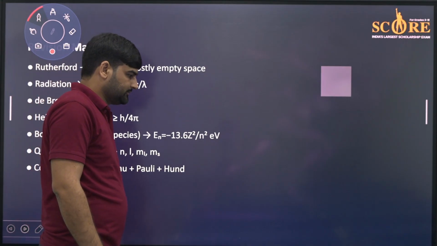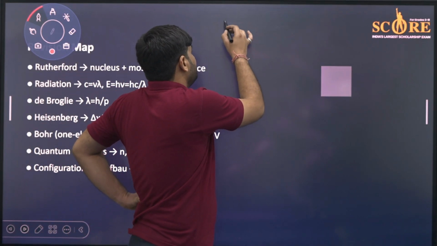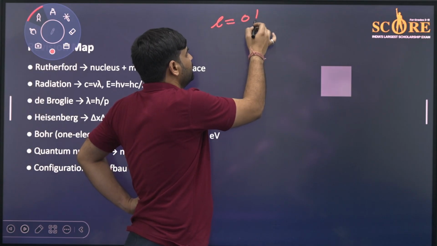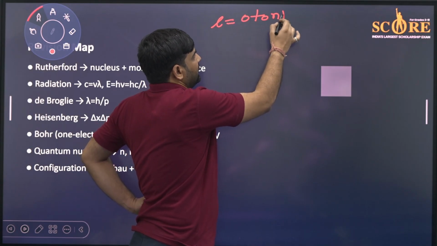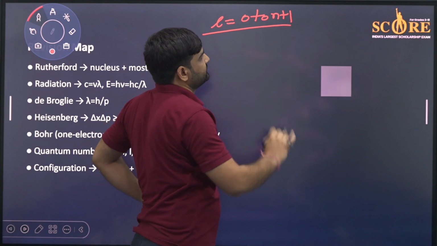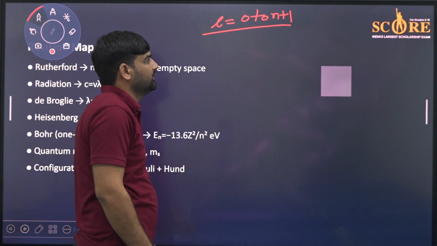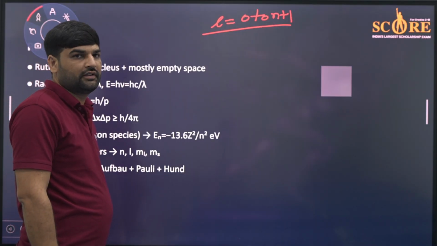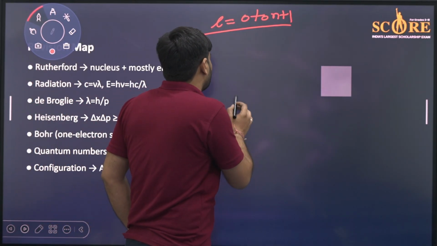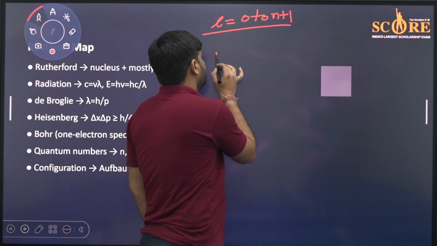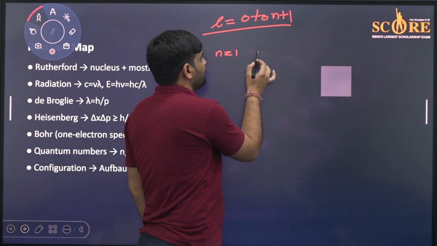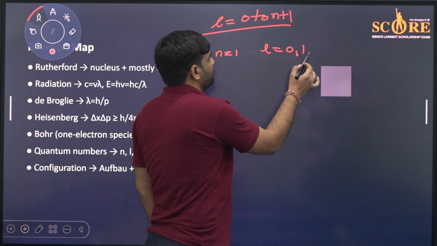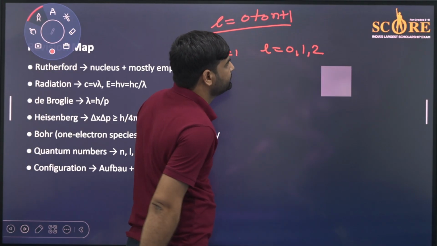Next question: if I change that l is 0 to n plus 1 and nothing else is changed, only this change is made, we have to assume l is 0 to n plus 1. So if n is 1, then l will be 0, 1, 2.